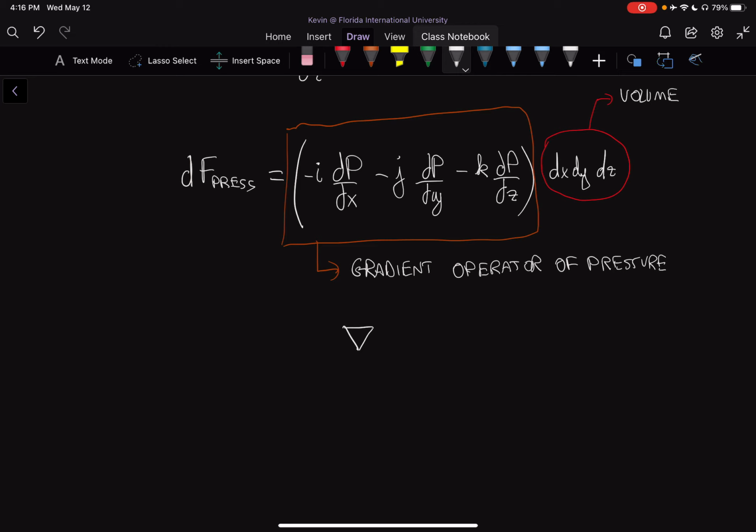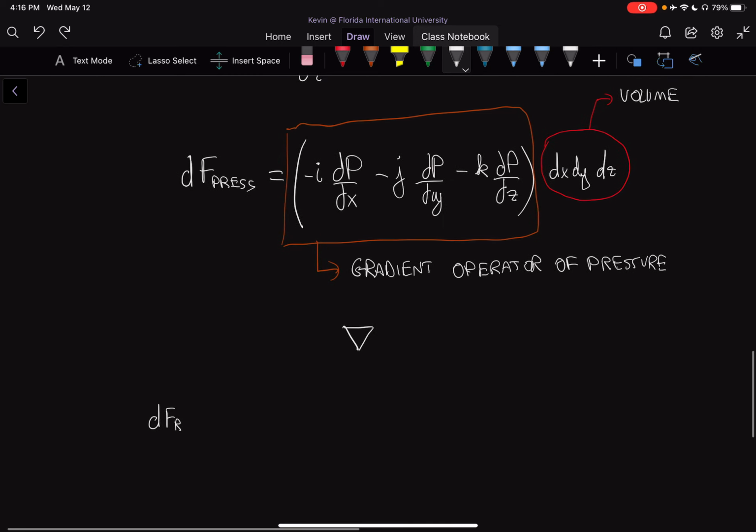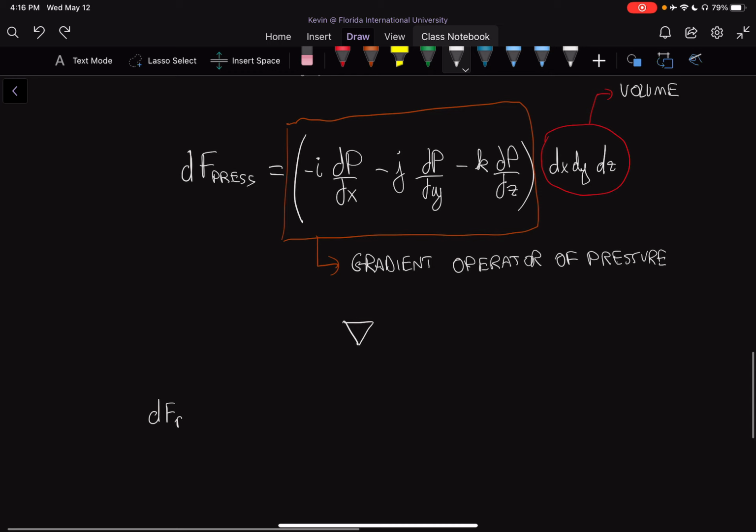Okay, so that means that dF press is equal to minus gradient P multiplied by dx dy dz.